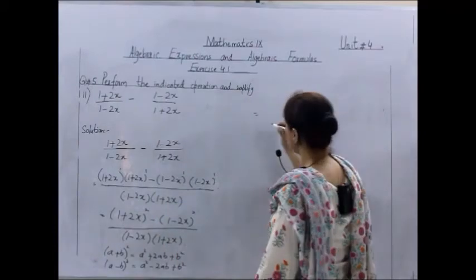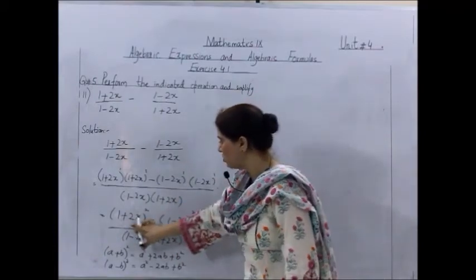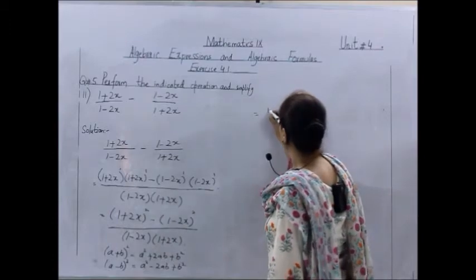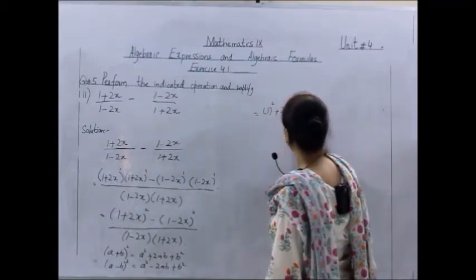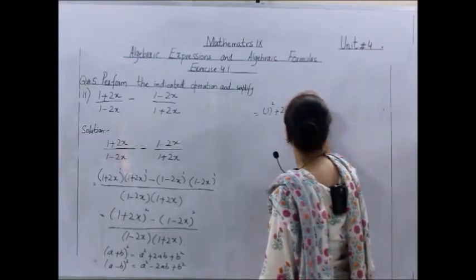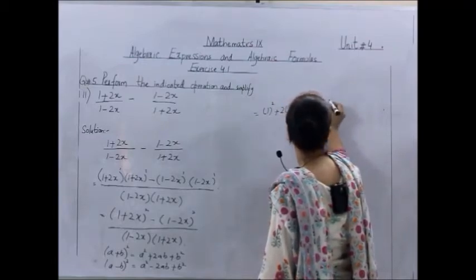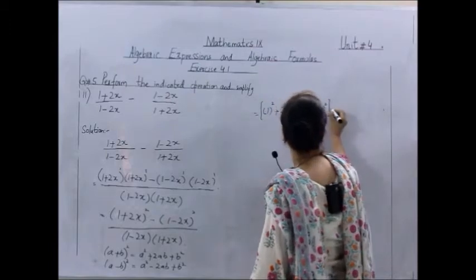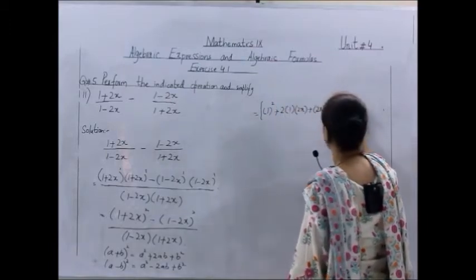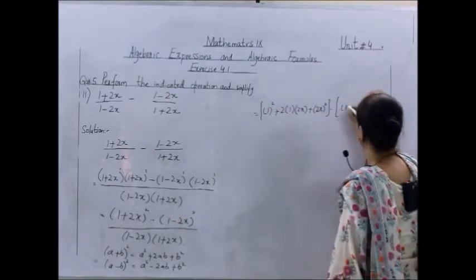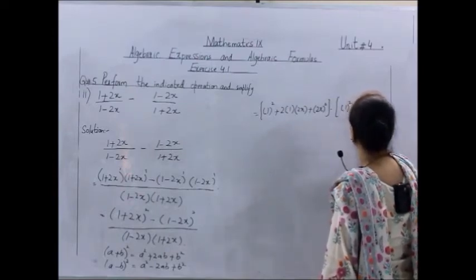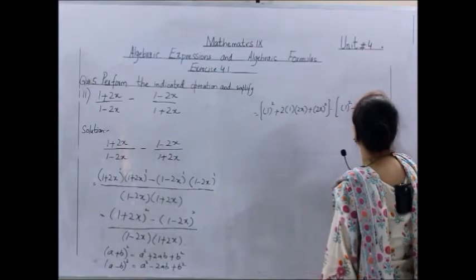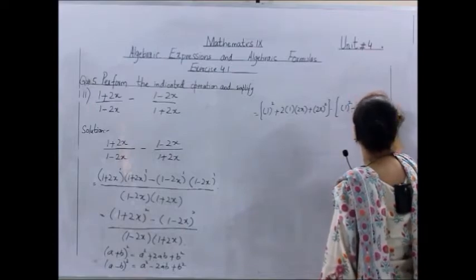1 plus 2x whole square, 1 is a and 2x is b, a square plus 2ab plus b square, and a minus b whole square, a square minus 2ab plus b square.